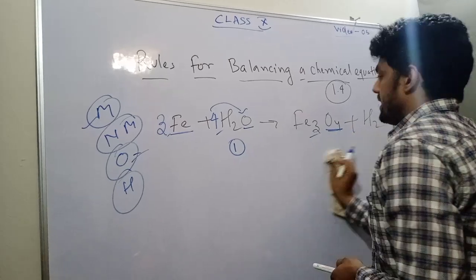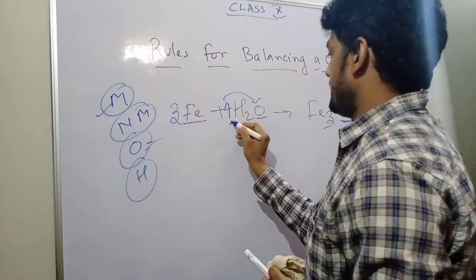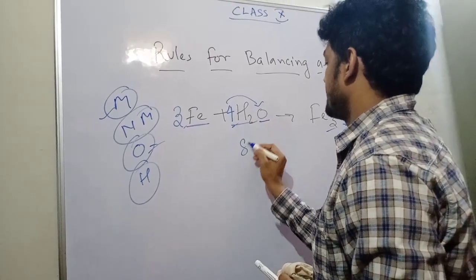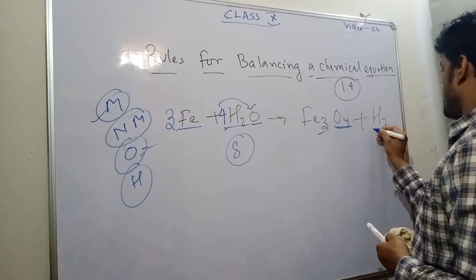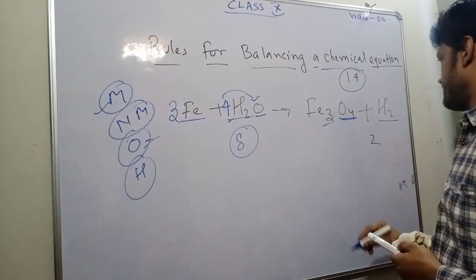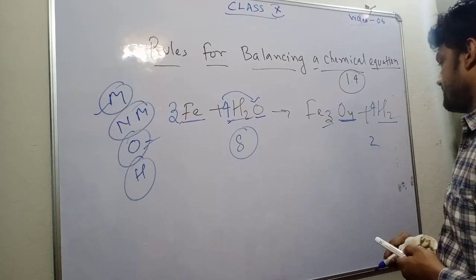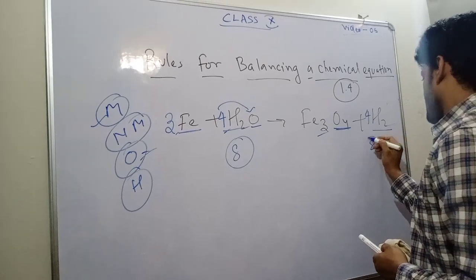Now at last we have to balance hydrogen. The number of hydrogen here is only 2, and here 8. To make it balanced, we will make it 4 here. Now it becomes 8.